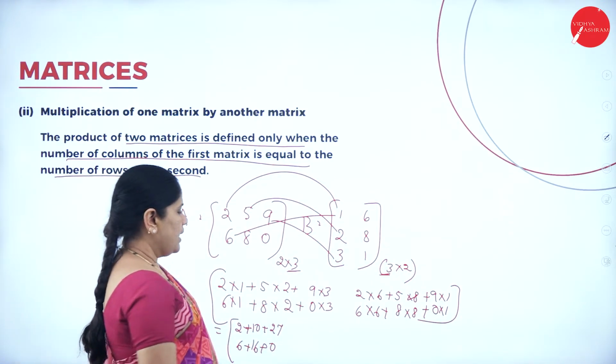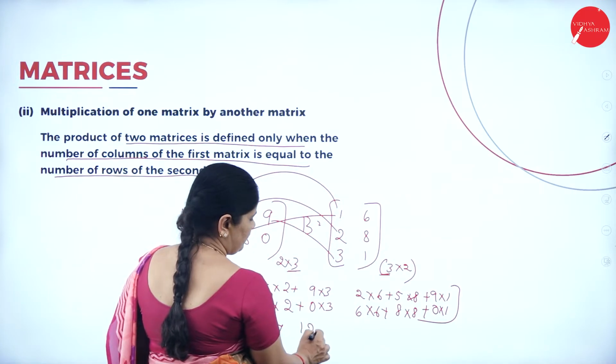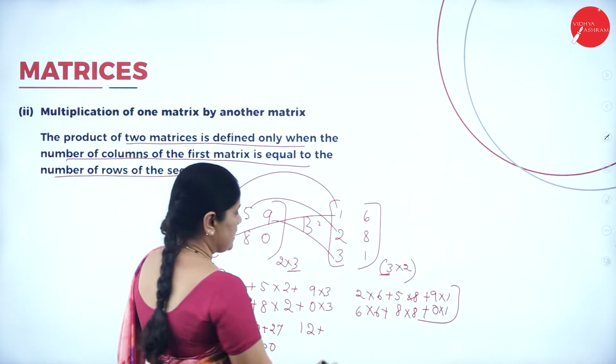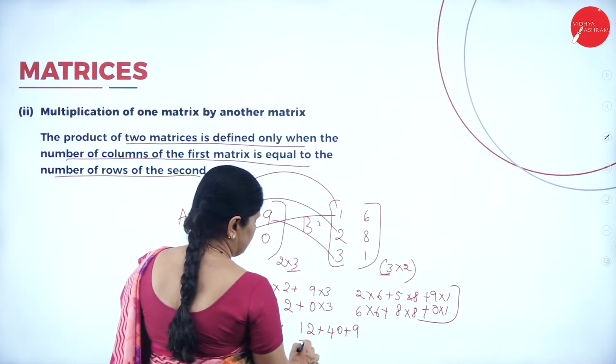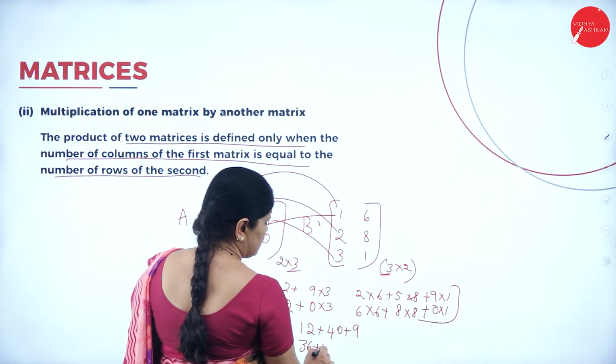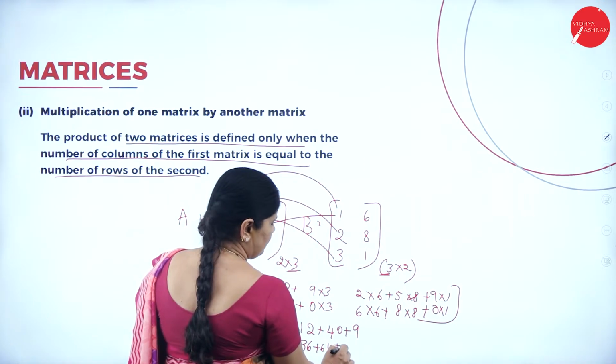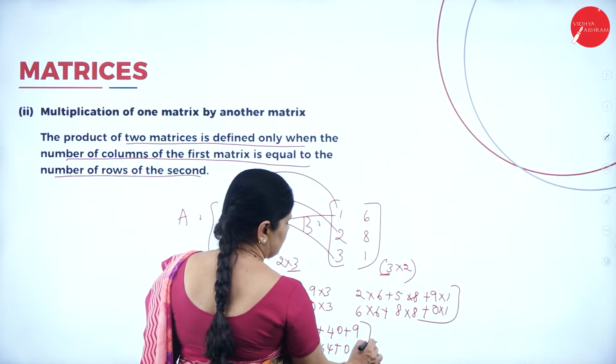Now here I have 12 plus 5 8s are 40 plus 9 1s are 9. 6 6s are 36 plus 64 plus 0.